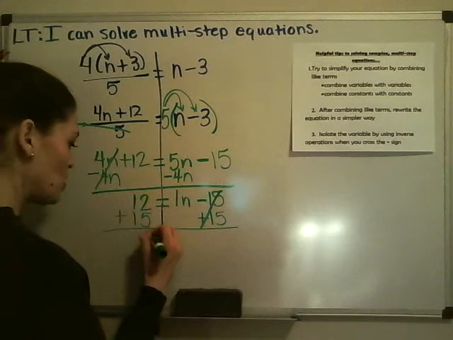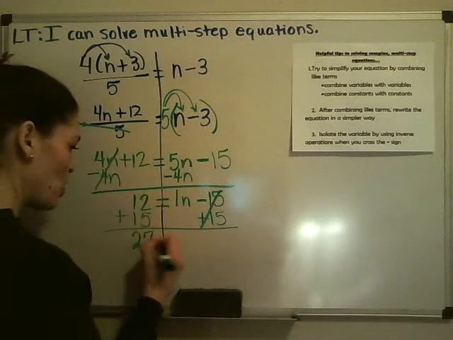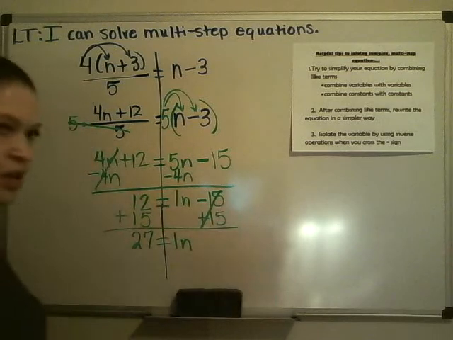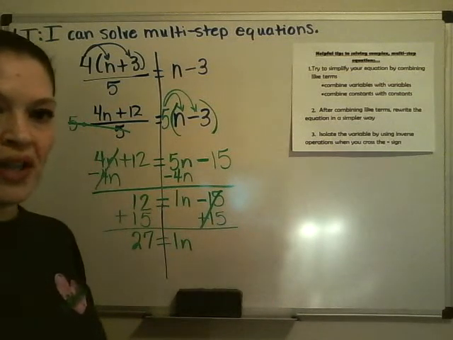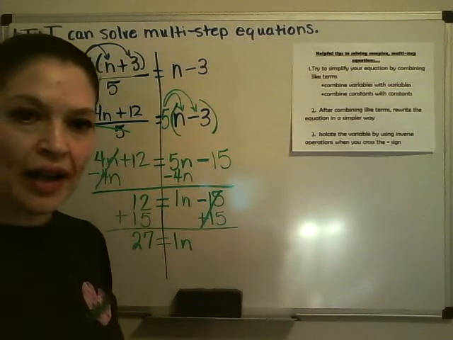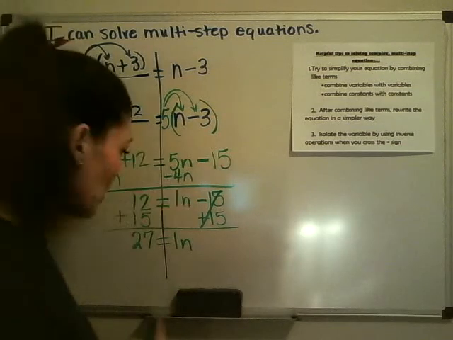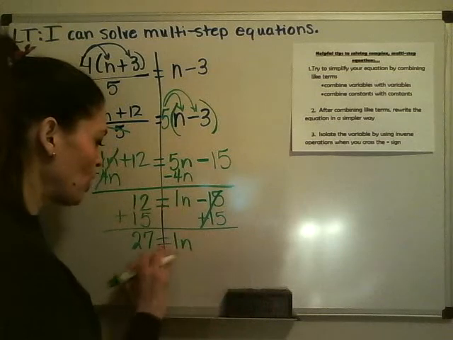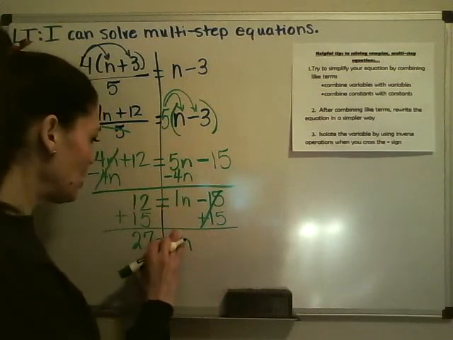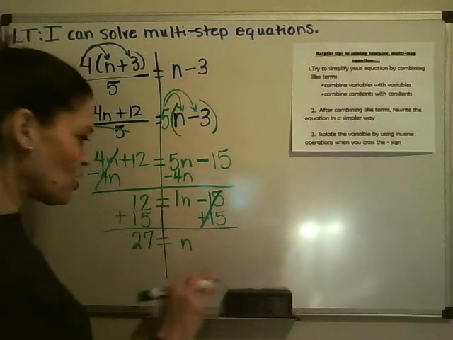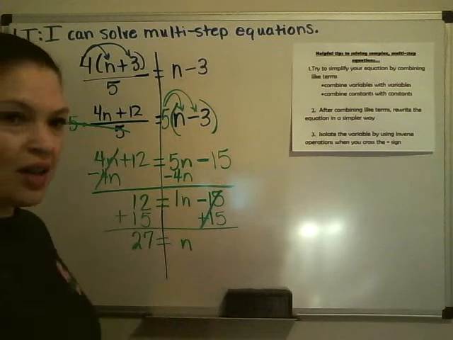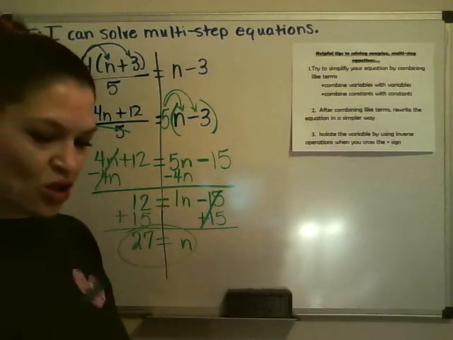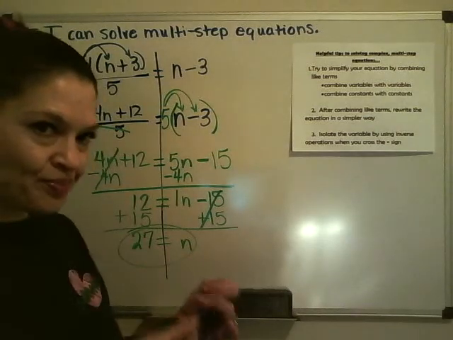That is going to give us 27 equals 1n. Oh wait, didn't we get to, that's our answer. Isn't that our answer, right? Don't we know that whenever we get a variable isolated, there's an invisible 1 there? Yeah, there you go. We just arrived at our solution.